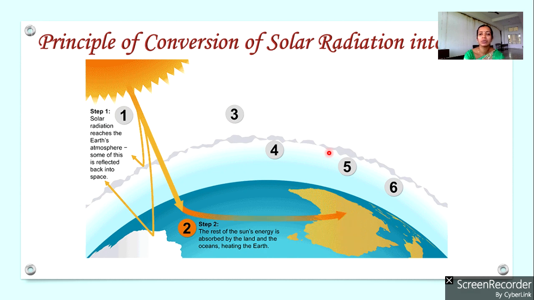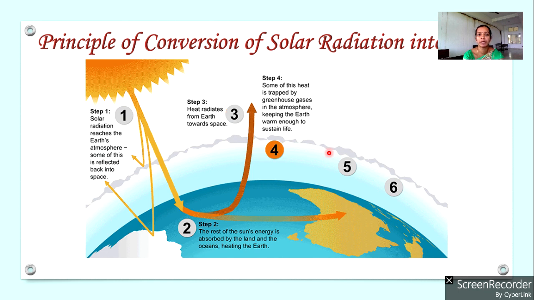This leads to an increased temperature on the earth's surface, a very noticeable increase in temperature, and this phenomenon is known as global warming. So global warming is a disadvantage.